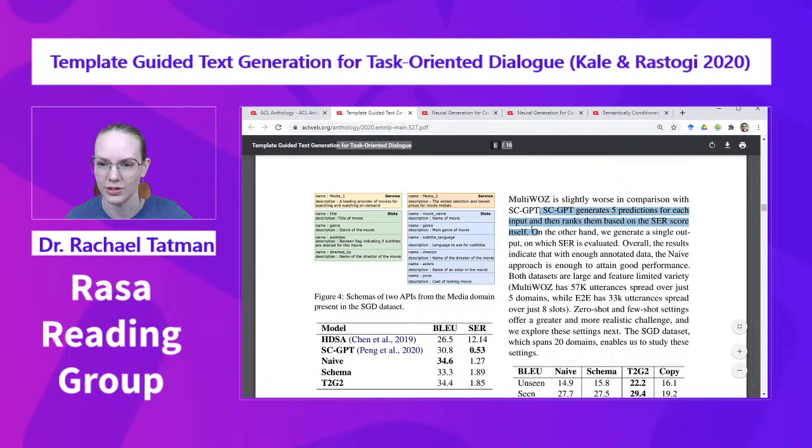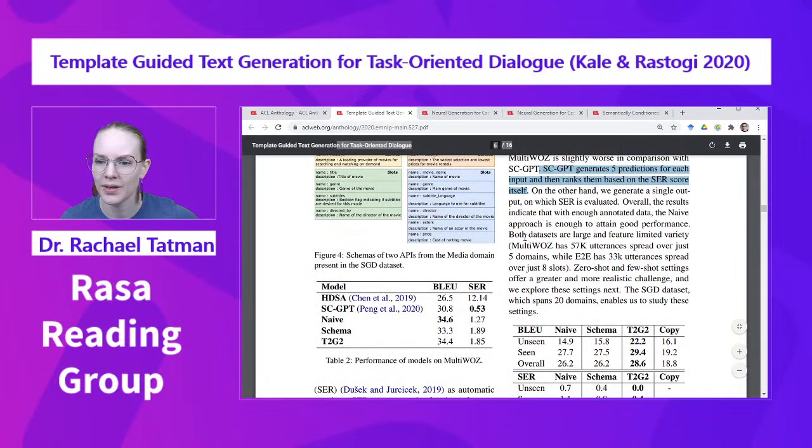This model has already gone through some evaluation based on this metric to filter the ones that have the best output. Overall, the results indicate that with enough annotated data, the naive approach is enough to attain good performance. Both datasets are large and feature limited variety. Zero-shot and few-shot settings offer a greater and more realistic challenge, and we explore those settings next.